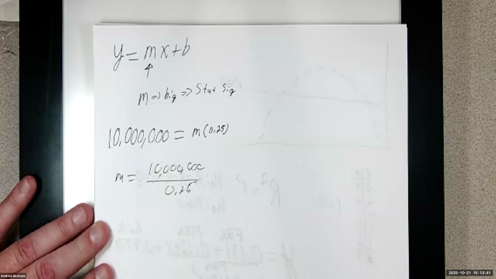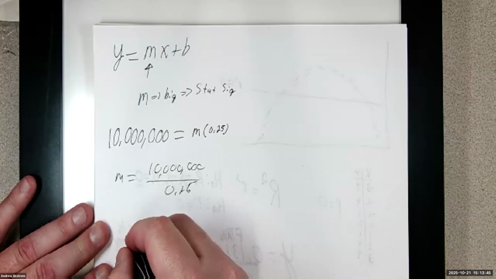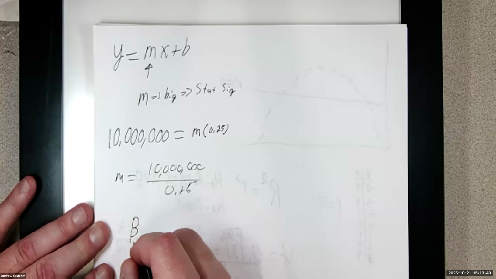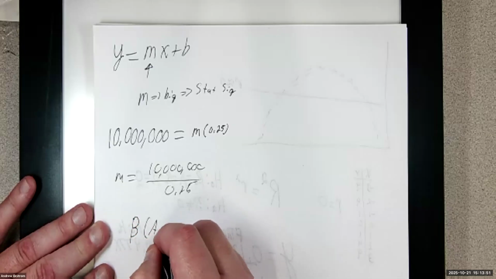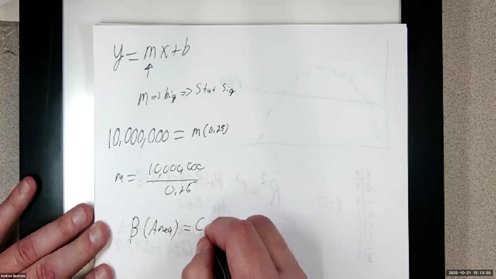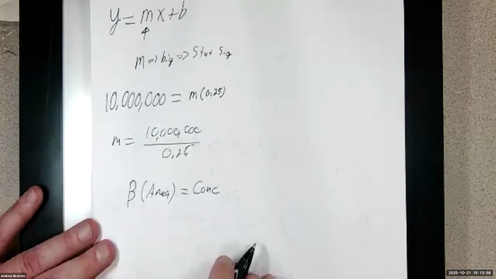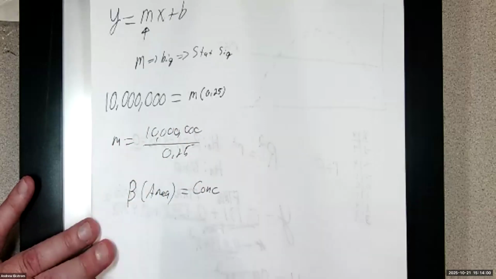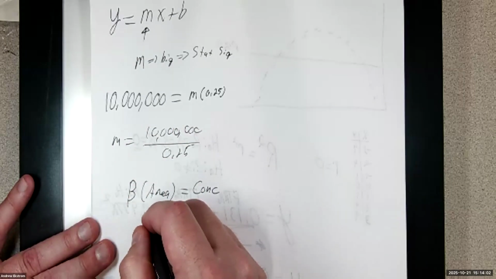But what happens when we start using a calibration curve? We get some beta value times the area. That's going to be the concentration. So it's basically this whole thing backwards.